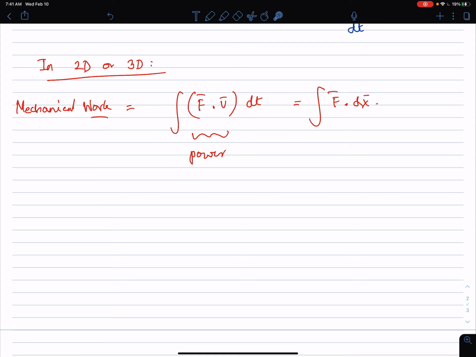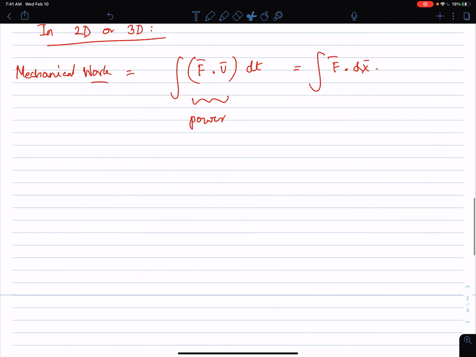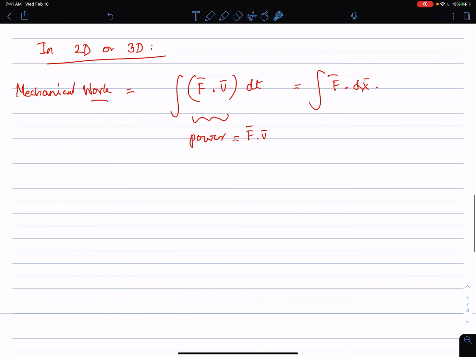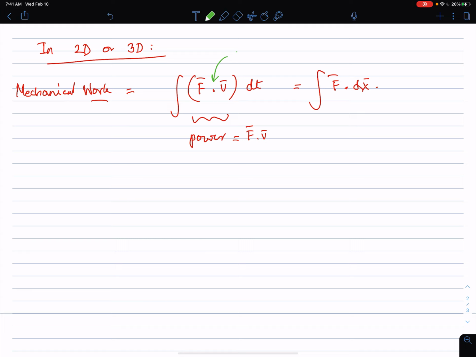When I say this, I mean whatever is inside the integral. Okay, maybe I can make that clear by, well, let me just say power equals F dot v here, and that's equal to work. So that's mechanical work in 2D or 3D, where the force is a vector, the velocity is a vector, and you take the dot product here. Okay, so that's the dot product. And mechanical work is still a scalar quantity.